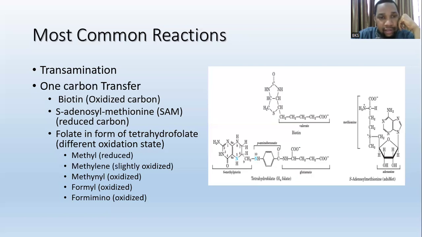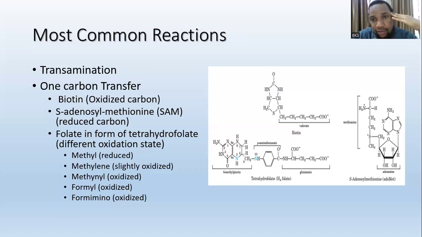Now, folate in the form of tetrahydrofolate can transfer carbon in different oxidation states, highly oxidized and less oxidized or highly reduced, because it can transfer the methyl group, which we said is also carried by S-adenosylmethionine. It can also transfer the methylene group, which is slightly more oxidized. And then we have methenyl, formyl, and formimino, which you will see in some of these reactions involving amino acid catabolism.